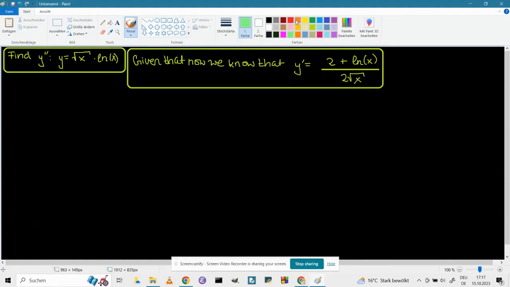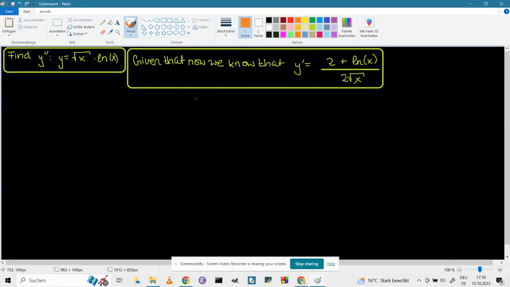But we're not done, because now we're going to take the second derivative, and that's when things get more complicated. So the first thing that we're going to do is remember, just so that we understand, that 2 times the square root of x is 2 times x to the 1/2.